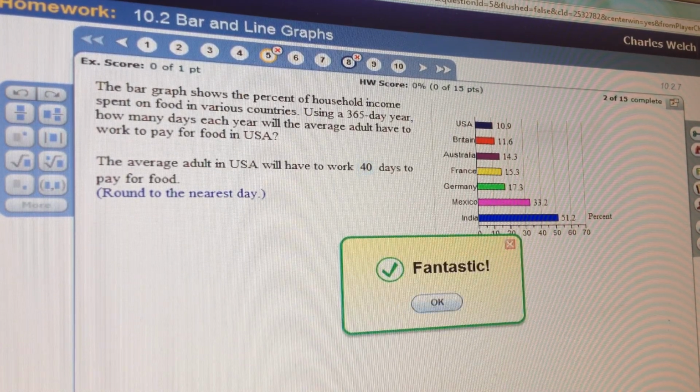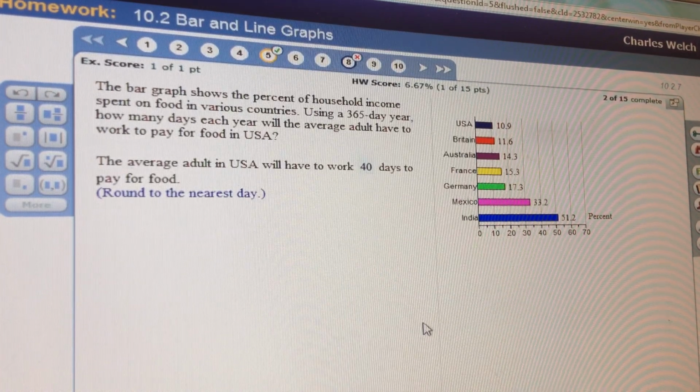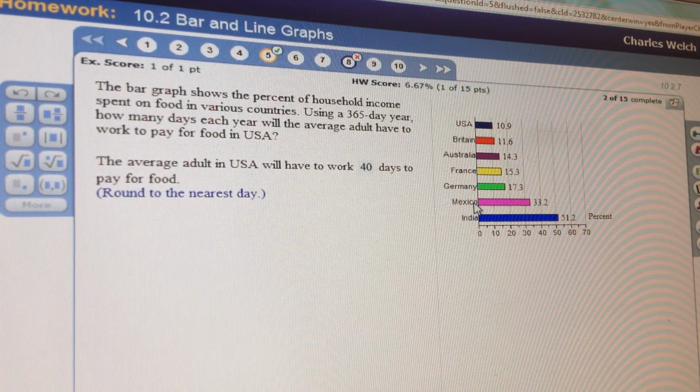And so there we go. So be careful with this. This is, by the way, an excellent view of what's known as a horizontal bar graph, where you can see the people in India will have to work more than half the days of the year, more than 51% of the days of the year, just to pay for food.